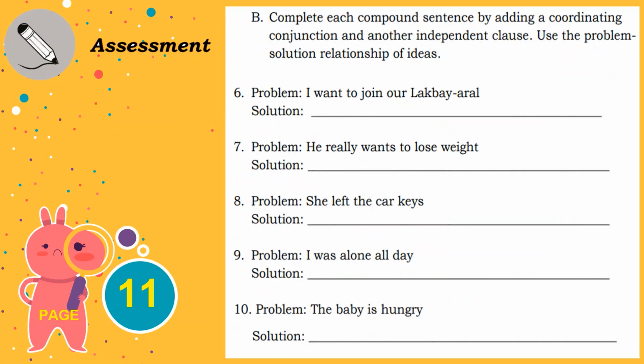For letter B, complete each compound sentence by adding a coordinating conjunction and another independent clause. Use the problem solution relationship of ideas.